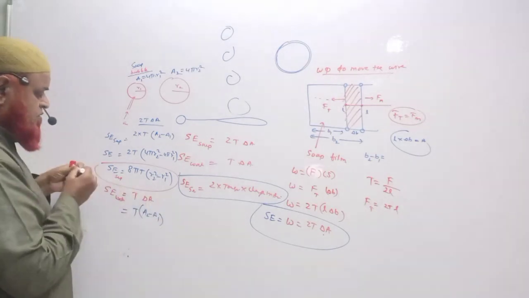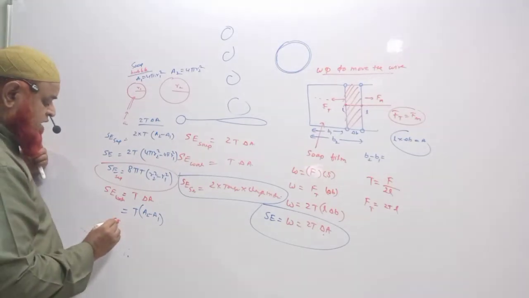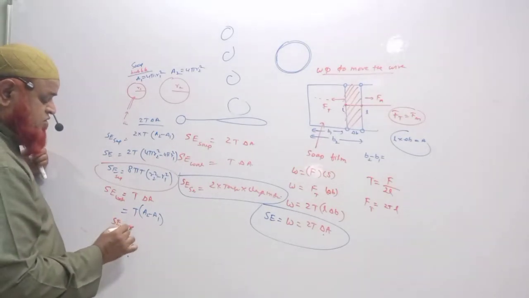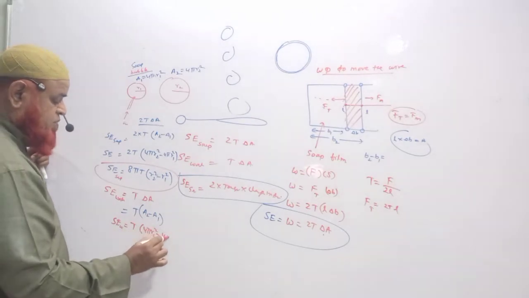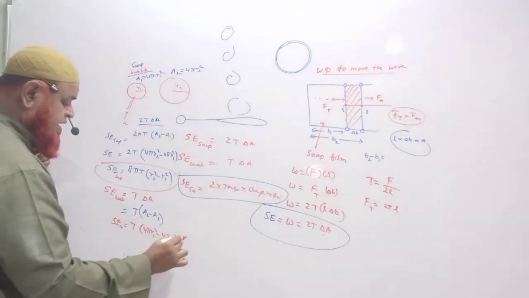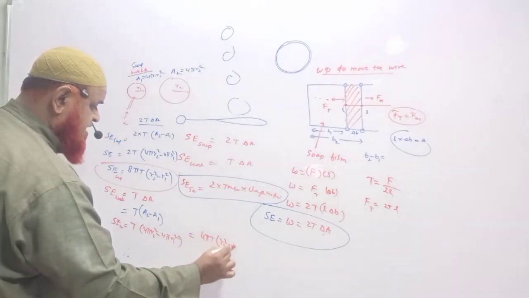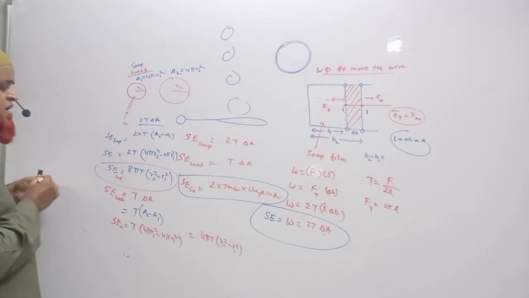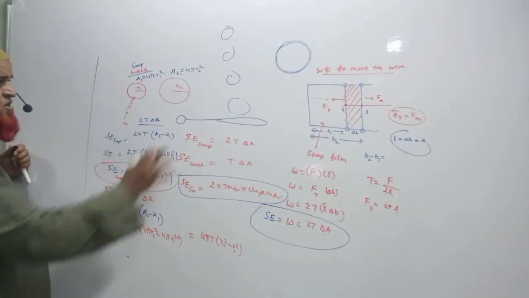If the water drop size has been increased, then the surface energy of a water drop is 4 pi R2 square minus 4 pi R1 square. Therefore 4 pi T (R2 square minus R1 square). Okay. This is the explanation for this fact.